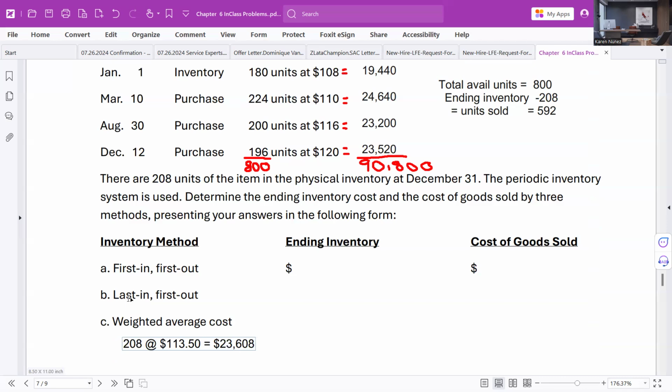That's our ending inventory. And the number of units sold is 592, at the same 113.50, which is 67,192.